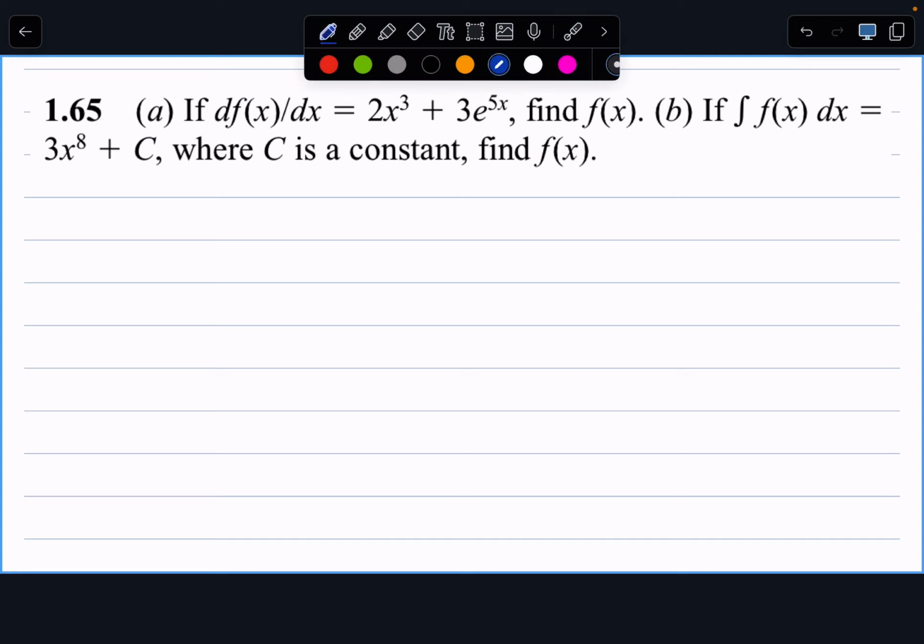So let's work on this together. In the first part of the problem, what we can do is multiply by dx on both sides of the equation that's provided.